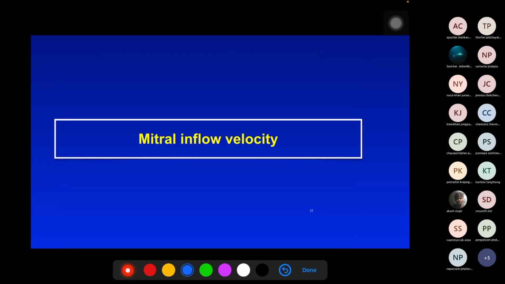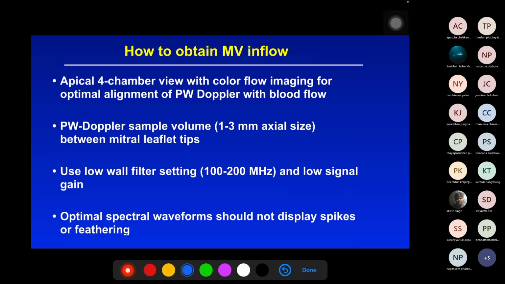Okay, the next one. This is important because it's commonly used in clinical practice to evaluate the LA pressure or LV filling pressure. It's the mitral inflow velocity. How to obtain the mitral valve inflow?